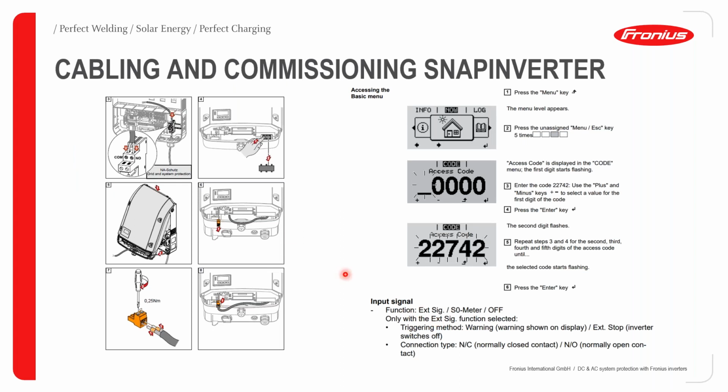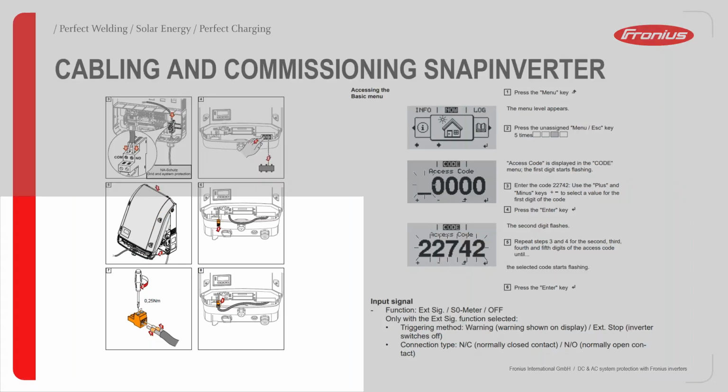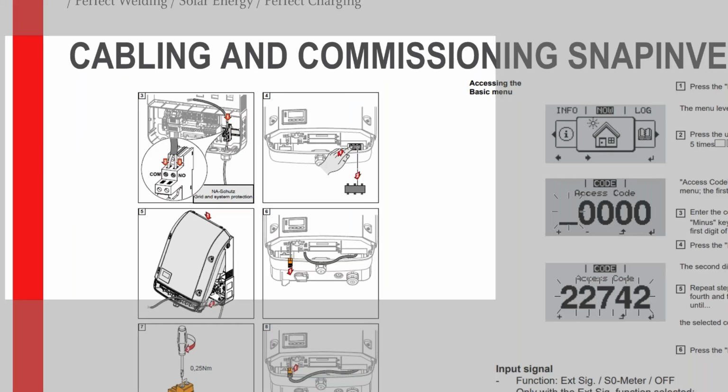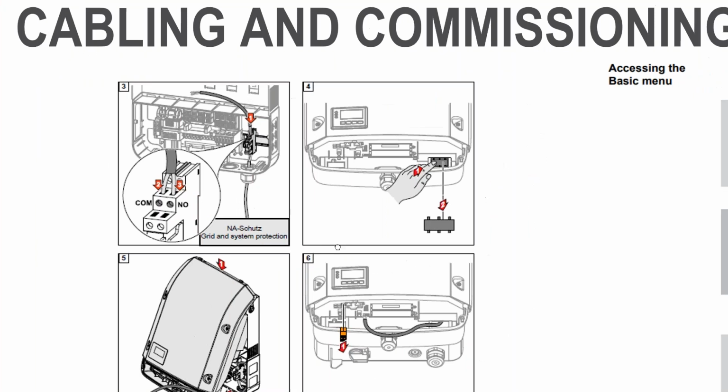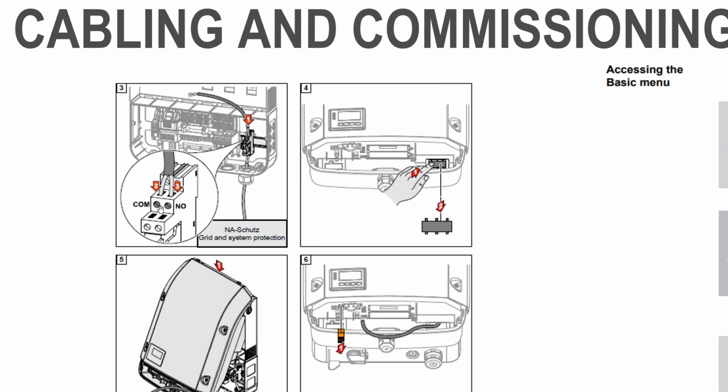So going forward, as earlier promised, how to do this connection. We'll be starting with Snap inverters, how to carry out this connection. Let's give it a bit of a zoom, for clarity's sake. Yes, so for installation of this relay, as advised, install it inside the Snap inverter at the space meant or provided for it.